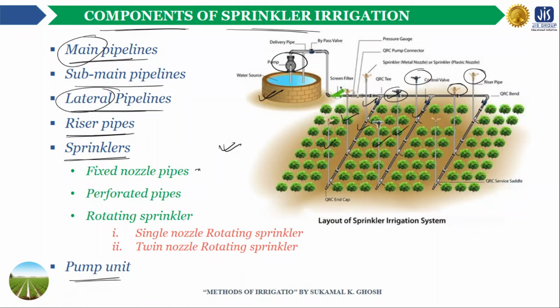Now there are three types of sprinklers. The first one is fixed nozzle pipes, the second one is perforated pipes, and the third one is the rotating sprinkler. Fixed nozzle pipes are a type of sprinkler which consists of lateral pipes having a line of small holes drilled at the top at regular intervals along their lengths, and on each of these holes small nozzles are fitted.